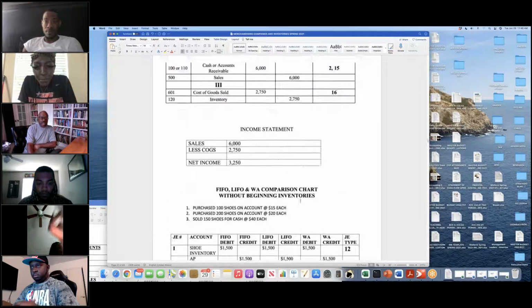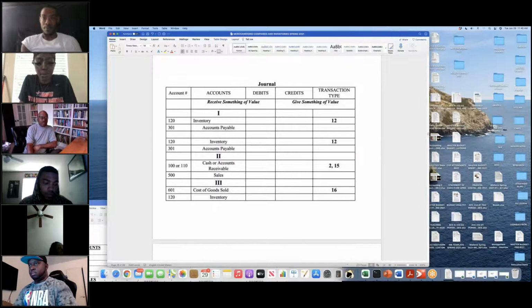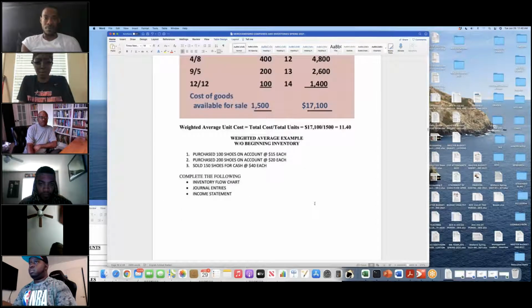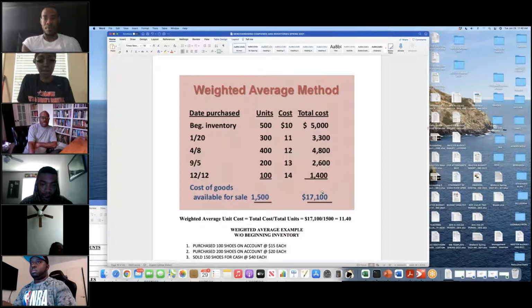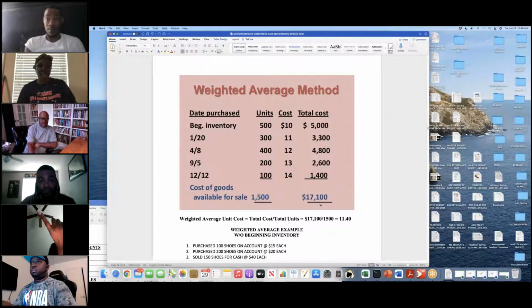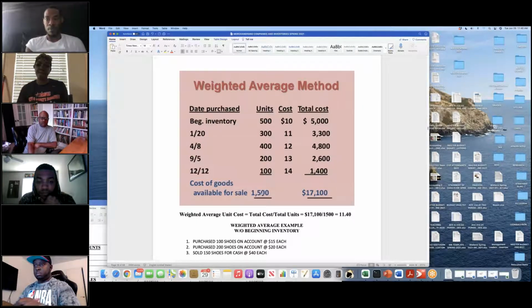Now let's go to weighted average. In a weighted average, and this just shows how you calculate a weighted average, in this example, we add up all units, we add up all the costs, and then we get an average based on total cost divided by total units.